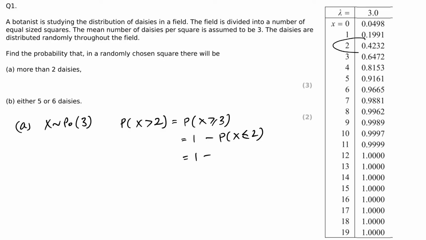As you can see here, 2 is 0.4232. At this point I go to my calculator and it's 1 minus that, and that will give me 0.5768, or 0.577 to 3 significant figures.